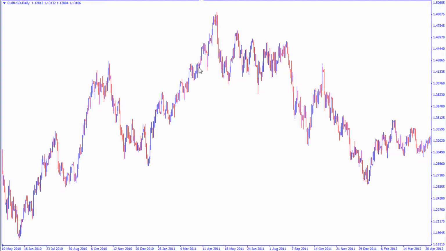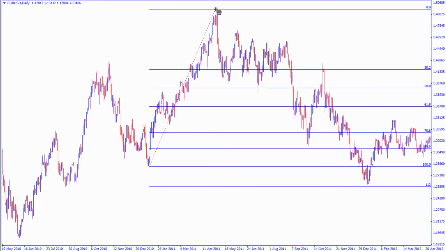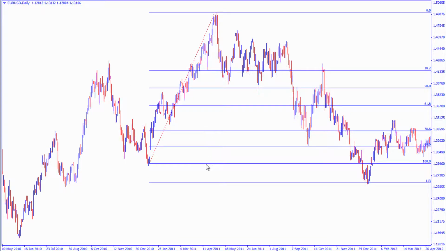So you may look at this and say, it doesn't show us much. What I see, if we were to take the Fibonacci and go from low to high, is that a couple of things have happened here. So let me show you. Triangle, low, high, and that first retracement. So we actually can come down to here.